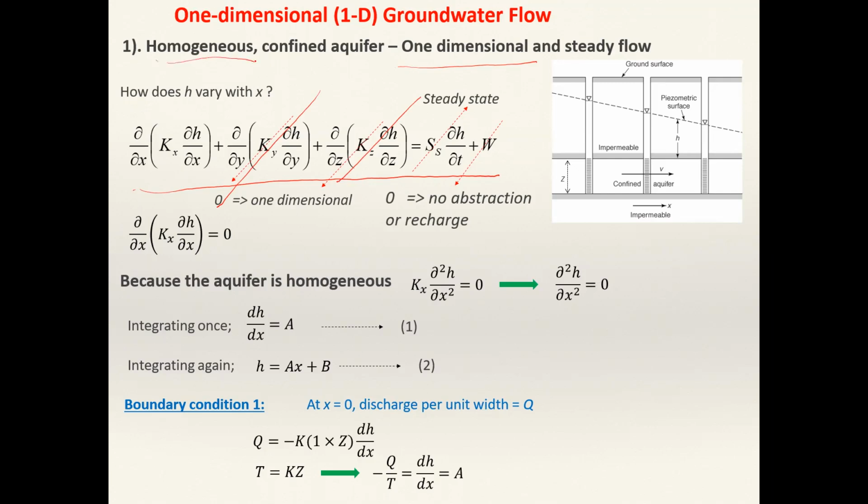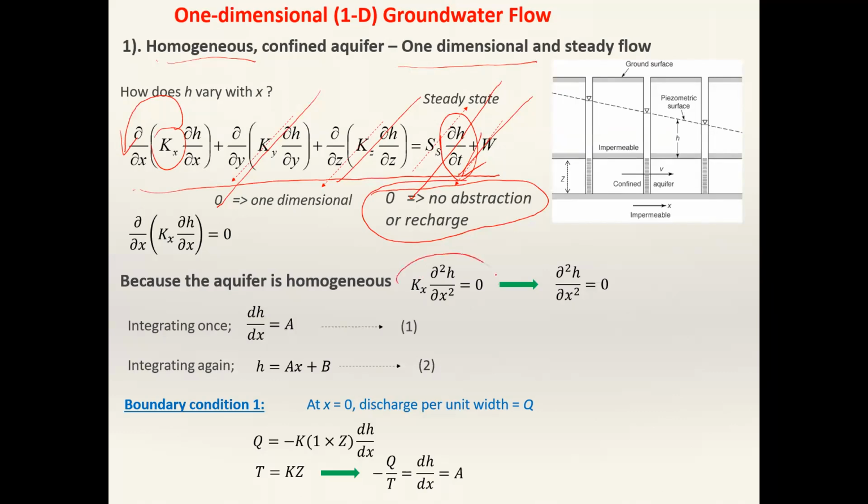If it is homogeneous, this K you can take out and consider it as a constant. What else? It is a steady flow, so the ∂h/∂t term is also 0. Hydraulic head does not change with time. And also there is no abstraction, no recharge, so the W term is also equal to 0. Now it becomes a very simple equation.